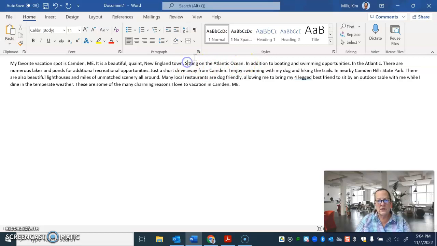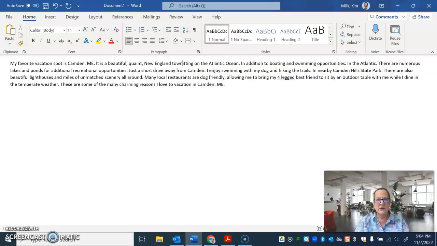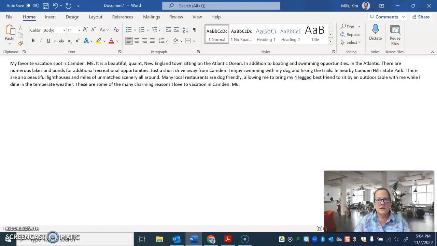Well, that was still part of that same sentence, and it put a period where I did not intend one. In addition to boating and swimming opportunities. Yeah, it's got some periods in there, so it would be something that you would need to edit once you complete it, but it would save a whole lot of keystrokes in getting these thoughts on paper for users.